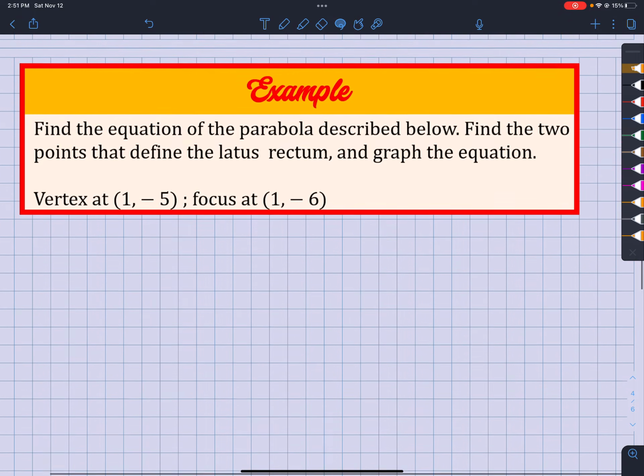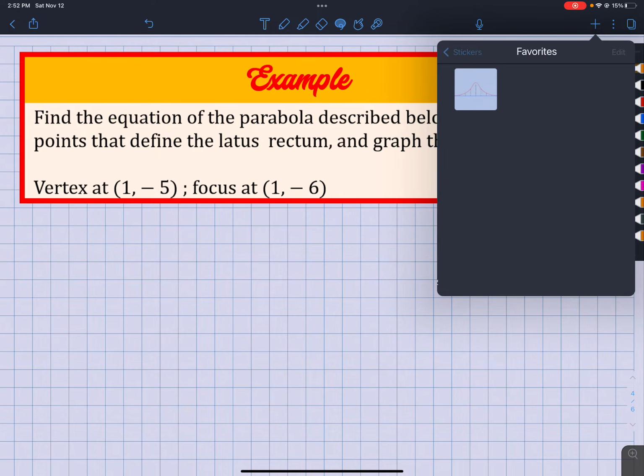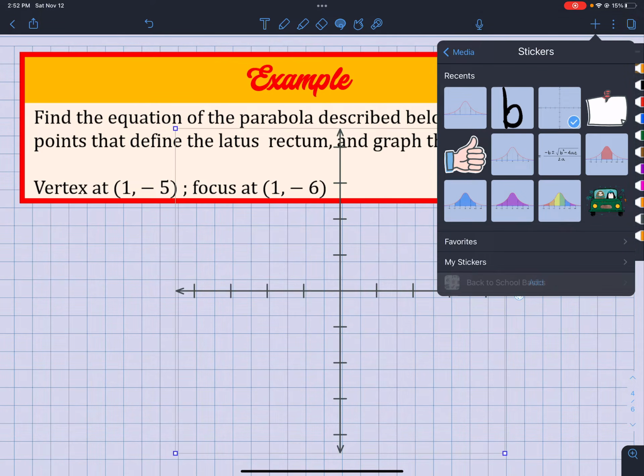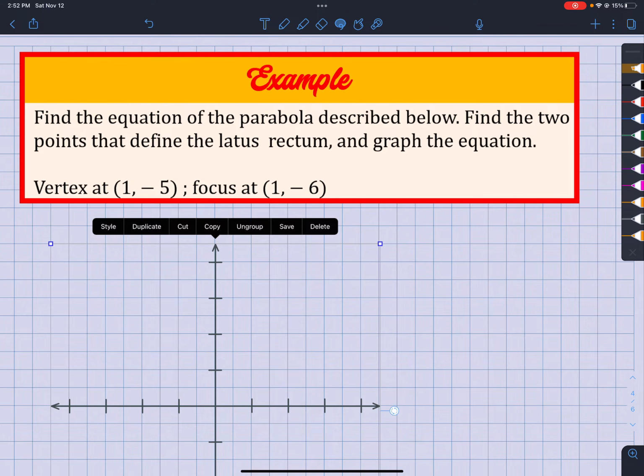All right, this one says, find the equation of the parabola described below. Find the 2 points that define the latus rectum and graph. All right, so same thing. Let's go ahead and throw a graph paper here. And this says that my vertex is at 1, negative 5.